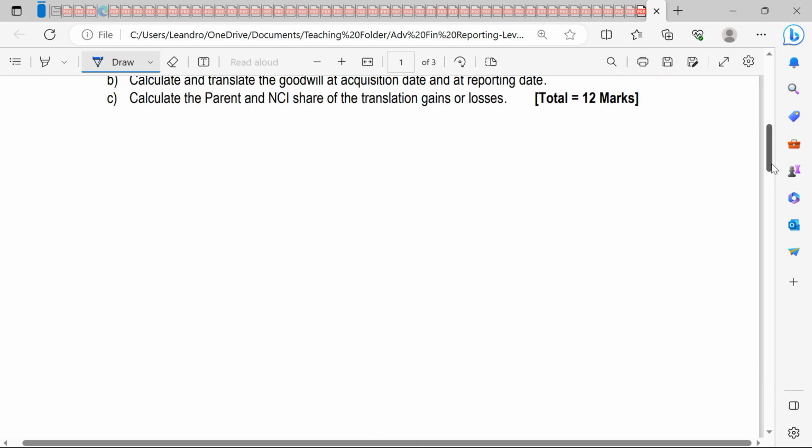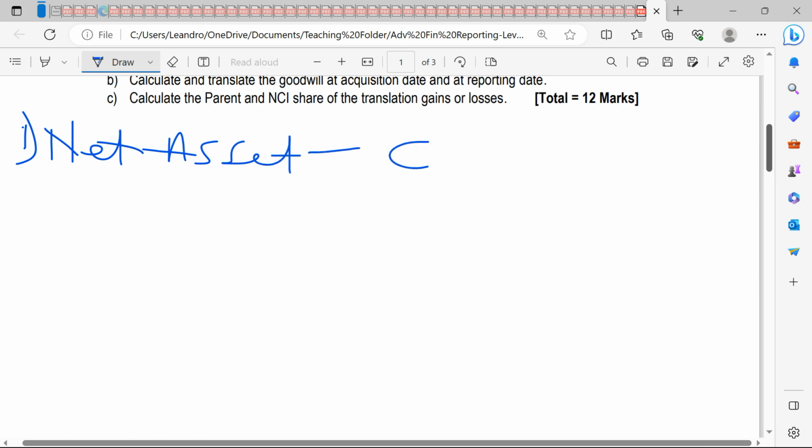So the first thing to do is to determine the net asset in the functional currency of the subsidiary, which in this question is Central African franc. You will determine the opening net asset and the closing net asset in the functional currency.